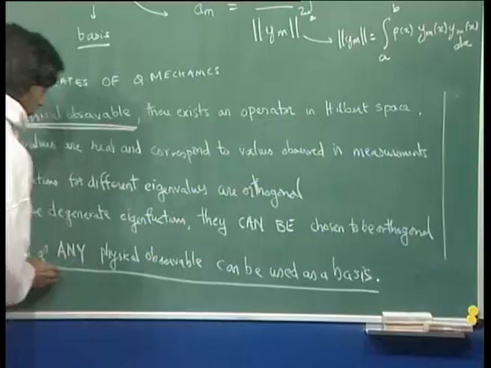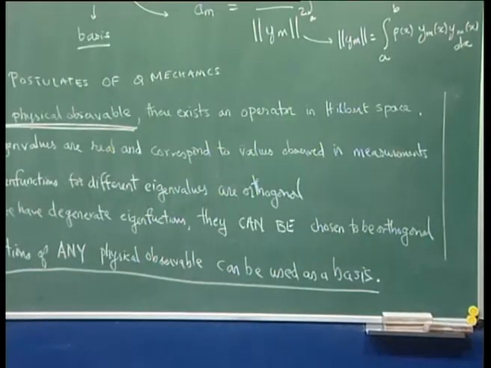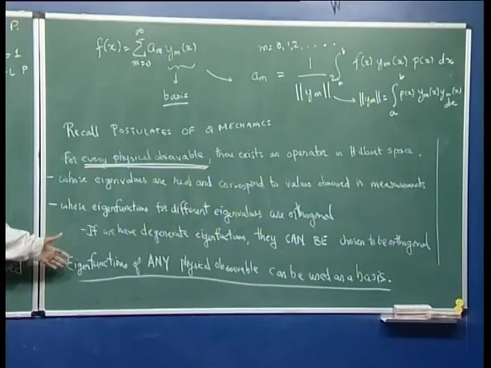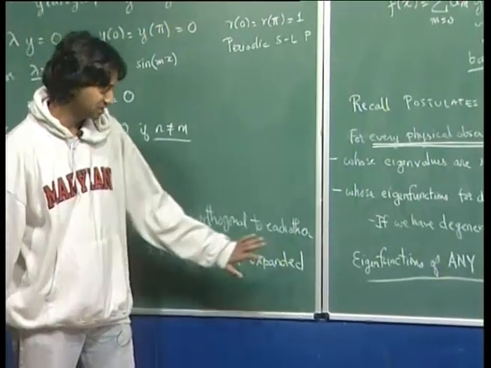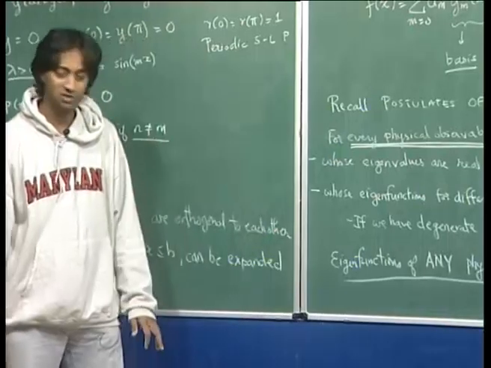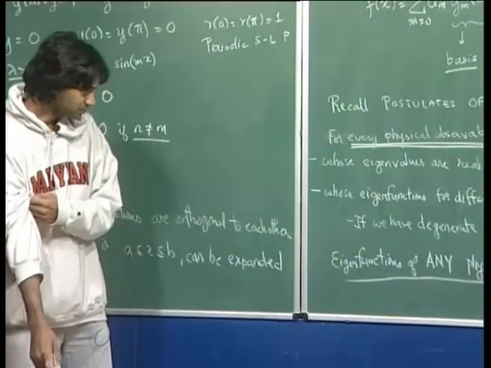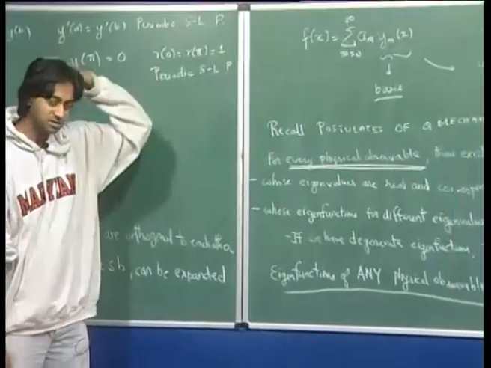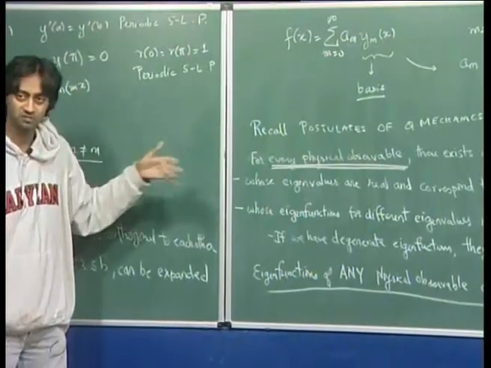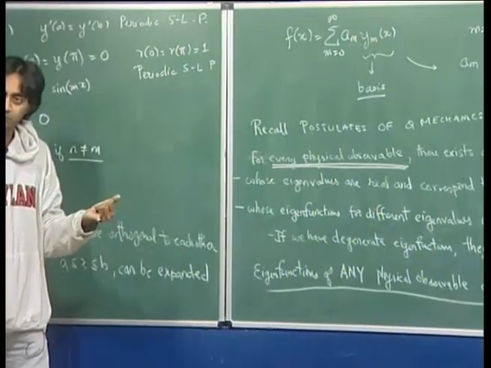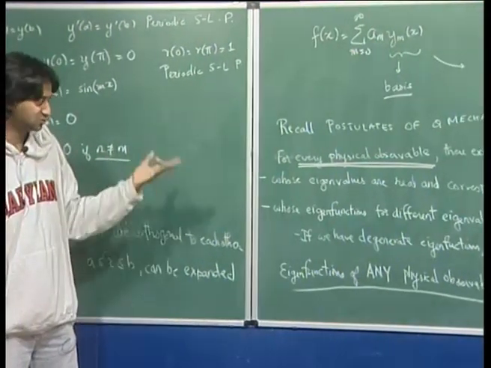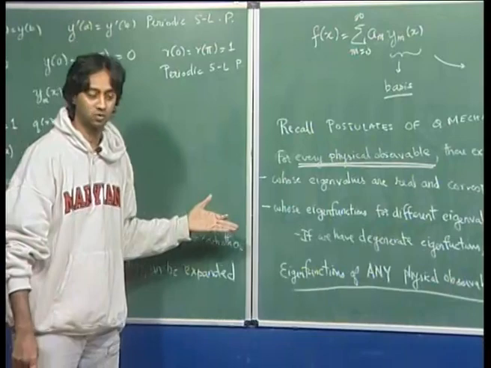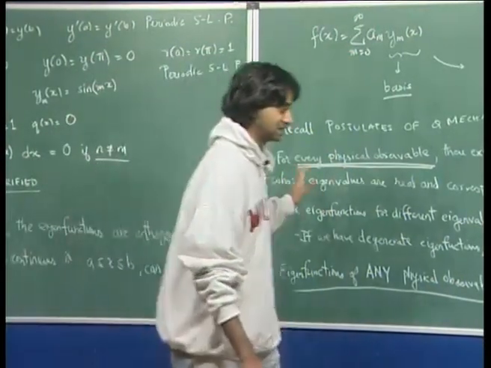And this is one of the most important theorems in quantum mechanics, or it is actually a postulate of quantum mechanics, that you can use eigen functions of any physical observable as a basis. So, you can write your general wave function as a linear combination of eigen functions of the Hamiltonian operator or the momentum operator or the position operator, whichever operator you want, and this is generally true.